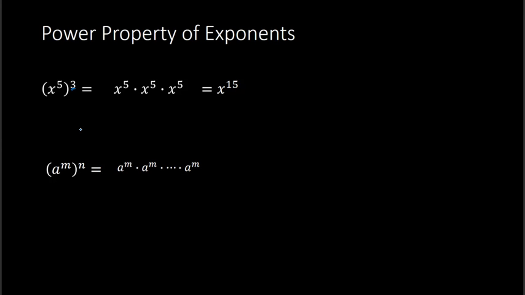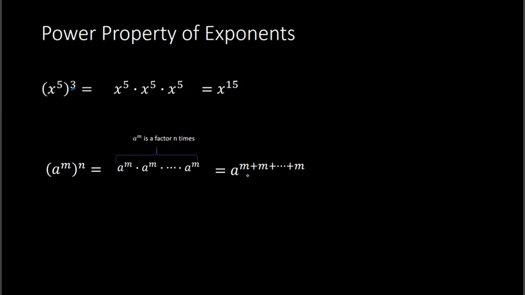And here we see it illustrated in a complicated way without numbers. If we have a to the m to the n power, we would multiply a to the m over and over again n number of times. So I would add all the m's together because I'm multiplying.